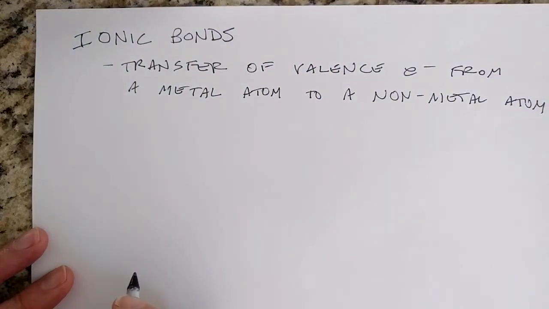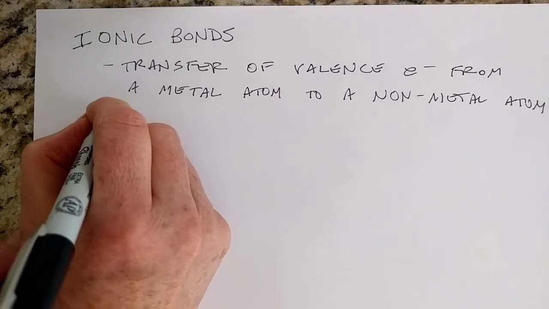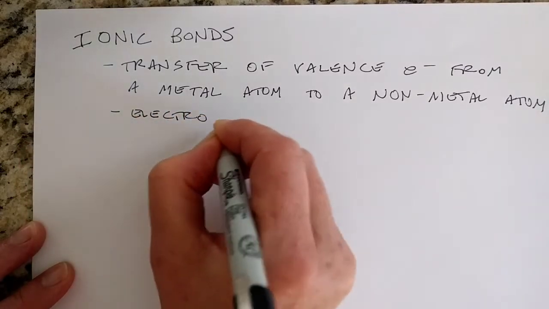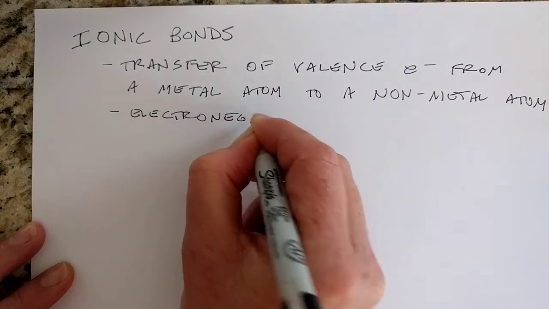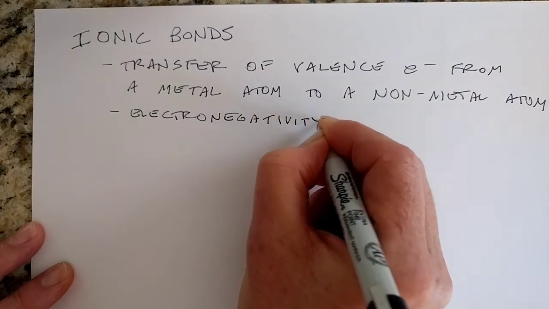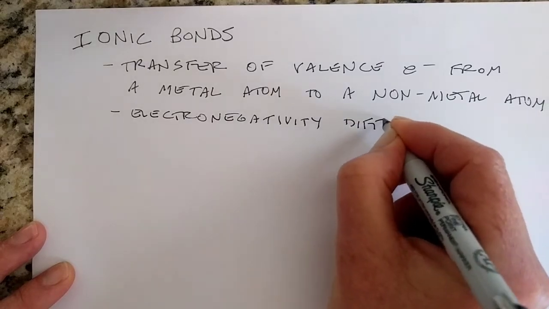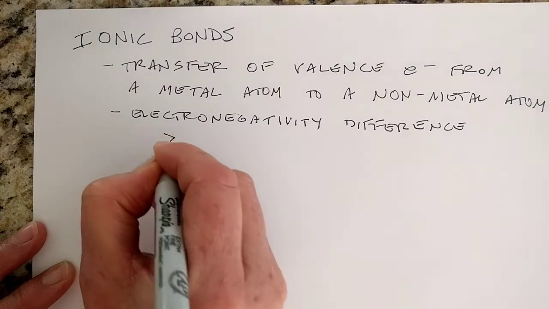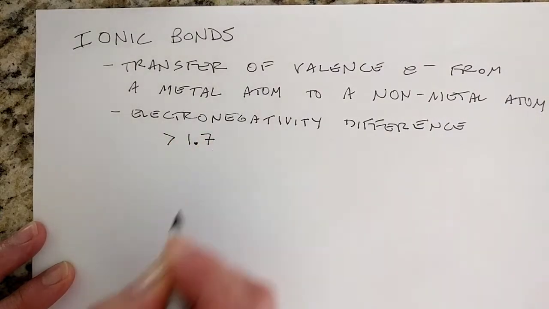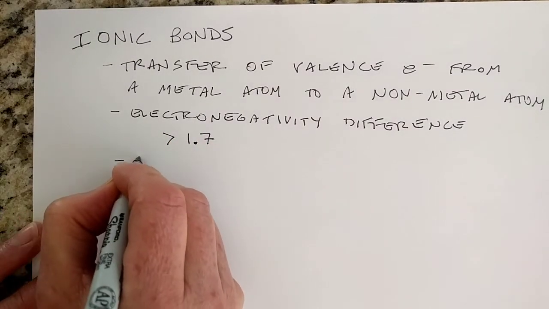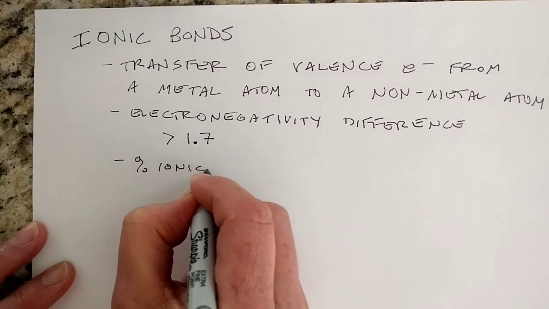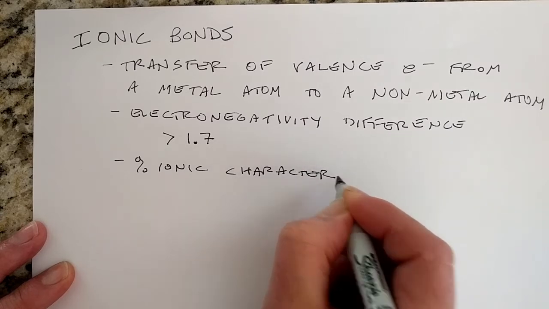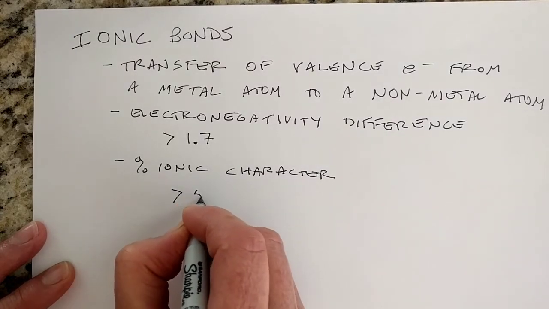So for our ionic bonds, our electronegativity difference is greater than 1.7, and our percent ionic character is then greater than 50%.